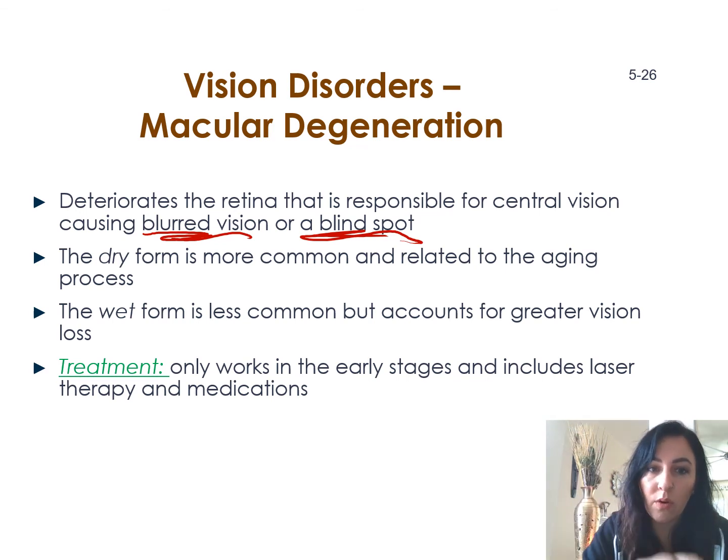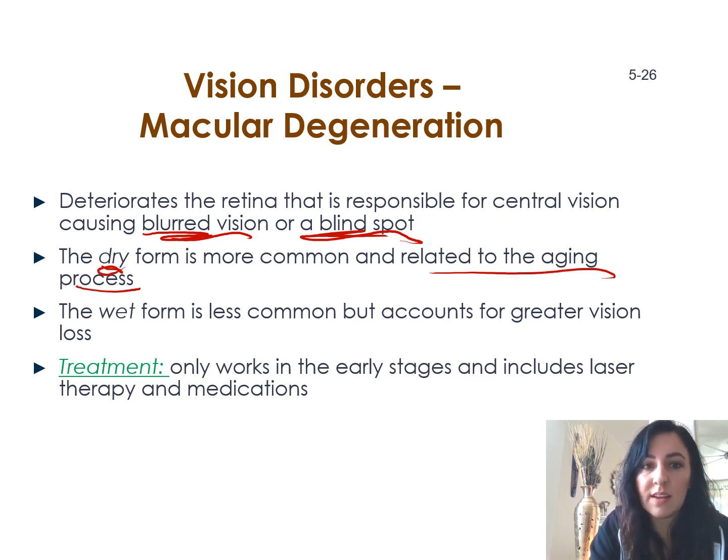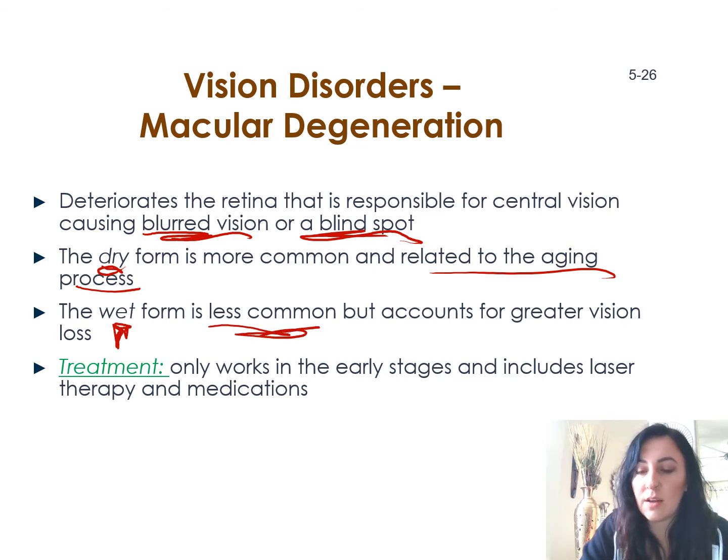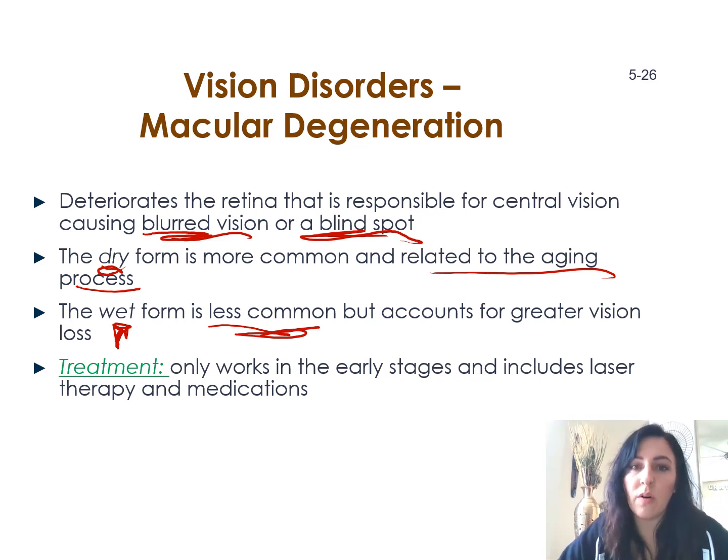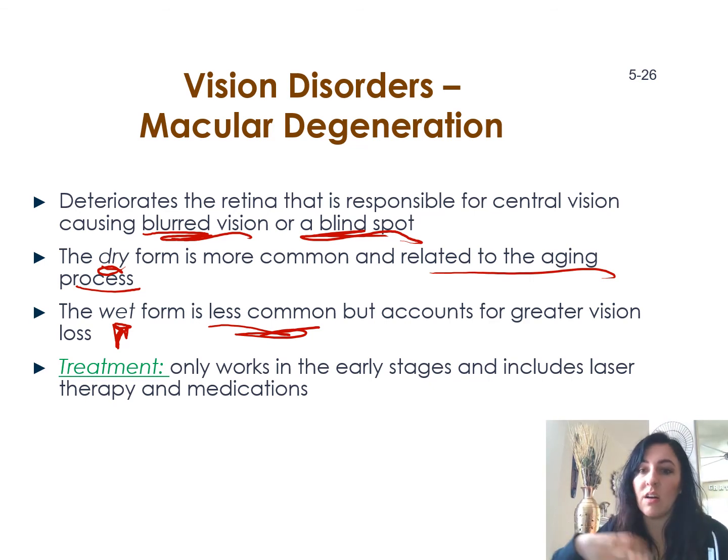The wet form is less common but accounts for greater vision loss. Treatment for macular degeneration only works in the early stages. You have to catch this early on, and it's going to include laser therapy and medication.